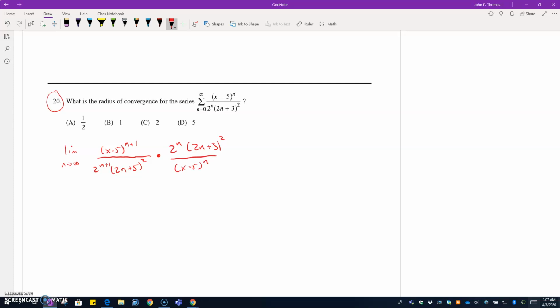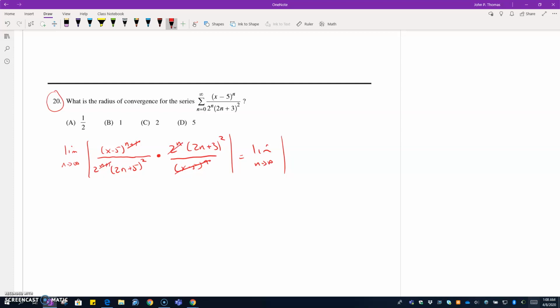All right, so from here, I'm going to clean this up a little bit, and with ratio tests, we always put that in parentheses, or in absolute values. So I'm going to have the limit as n goes to infinity, and inside here, we can cancel all of those with that exponent. So I'm left with an x minus 5 in the top. The 2 to the n and the 2 to the n plus 1 cancel to just a 2 in the bottom.